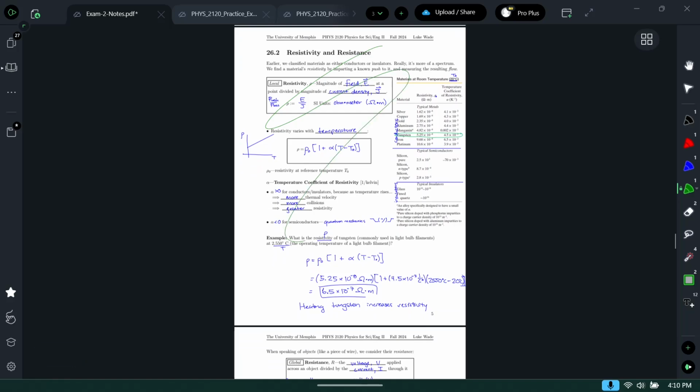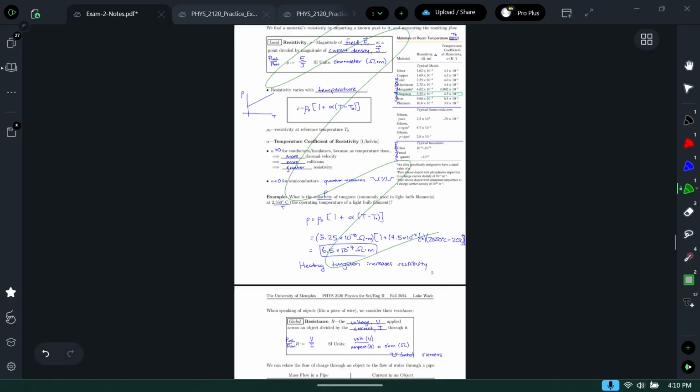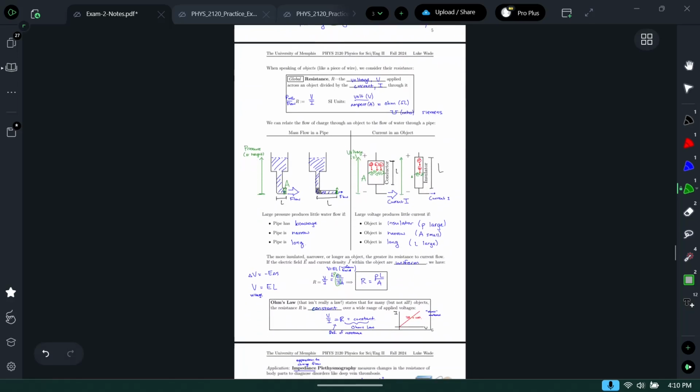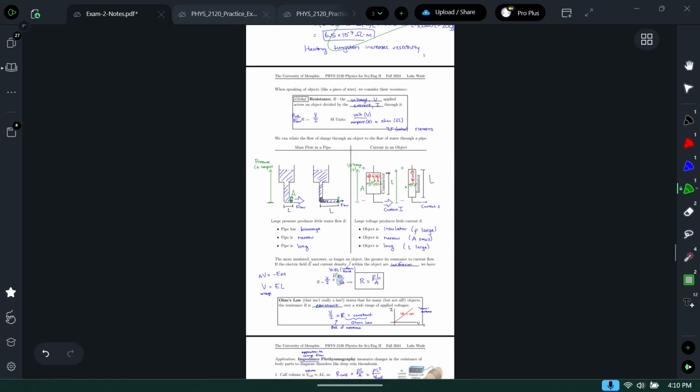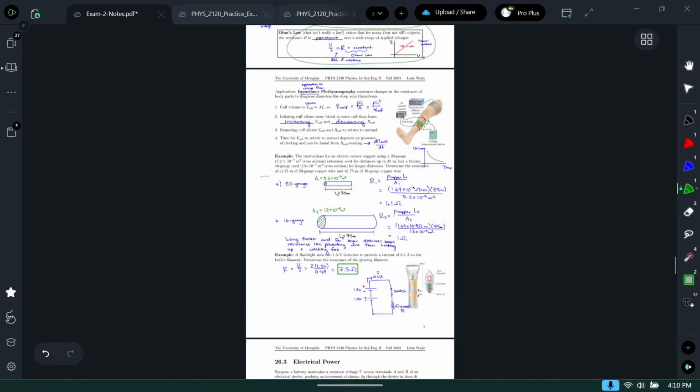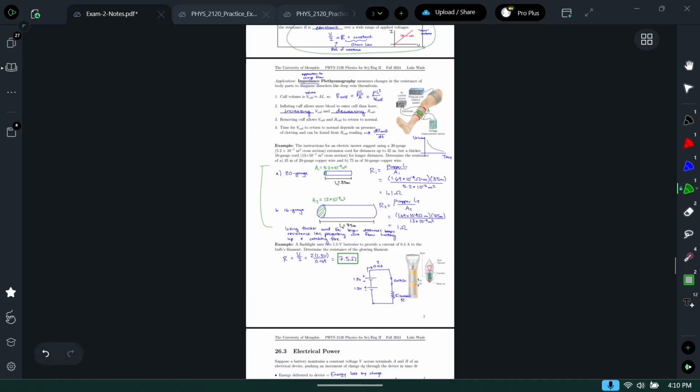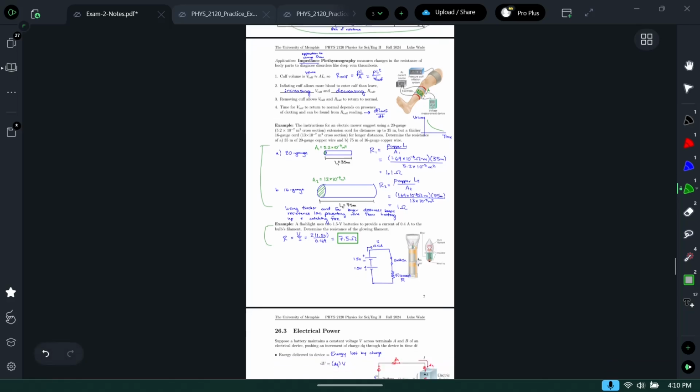No temperature dependence, but the relationship between resistance and resistivity, and then what resistance is, and then Ohm's law, that is on there. So that's a good example for that, as is this one.